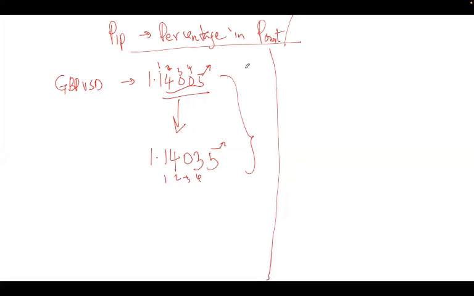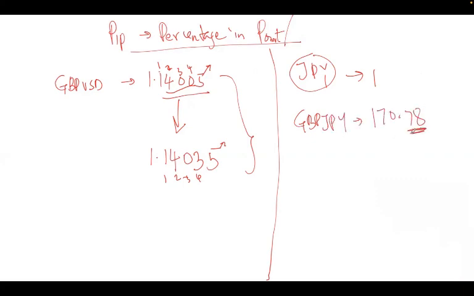Whereas in pairs that contain JPY, any pair that contains JPY always has 2 digits after the decimal. For example, any pair that has, let's say, GBP/JPY, you're going to see most likely, let's say, 170.78. It's always going to end with 2 digits after the decimal point. So in this case, the 2nd digit here becomes the pips.